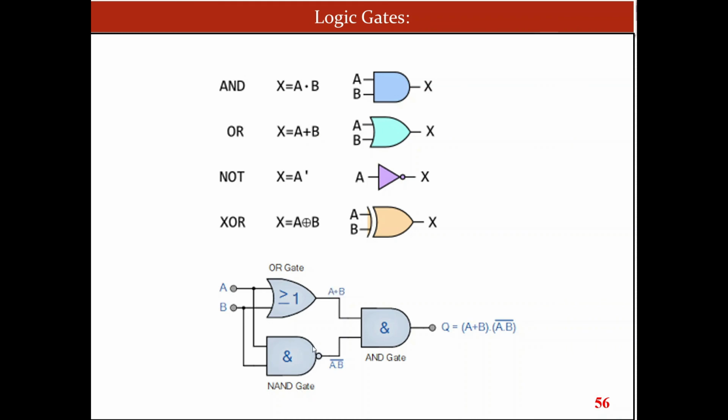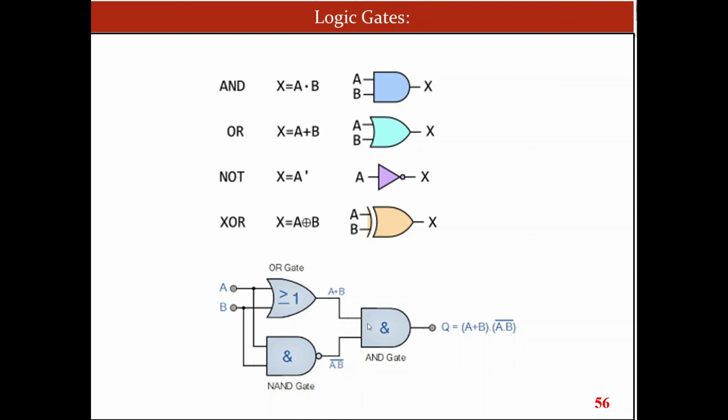For the NAND gate, it's A dot B with a bar, because for the AND gate we have A dot B, but for the NAND gate we have to use a bar. So the inputs to the AND gate are A plus B and A dot B bar.